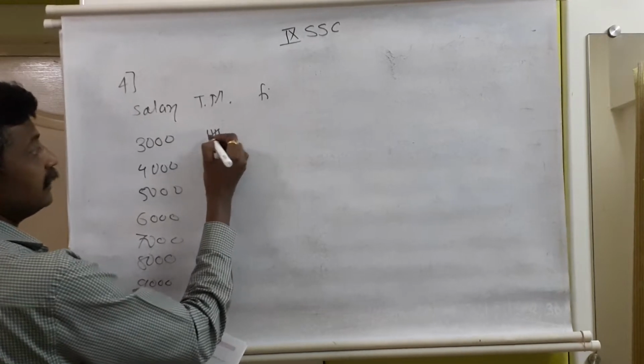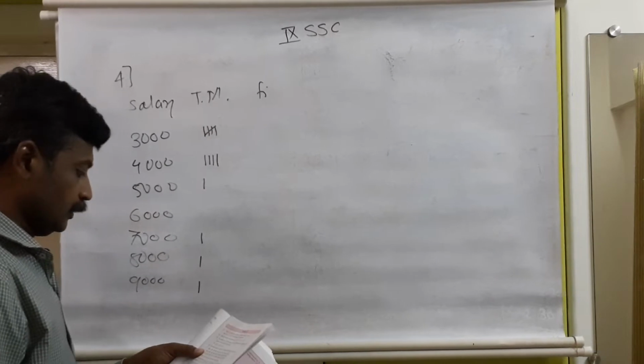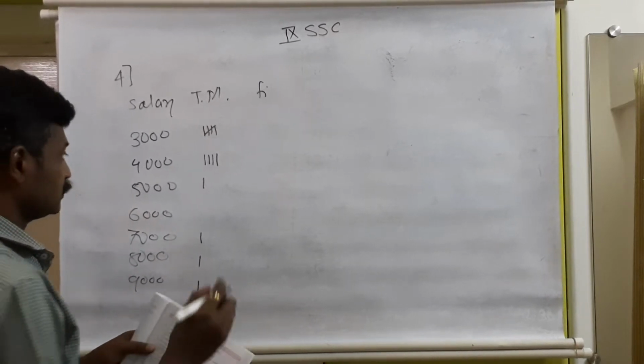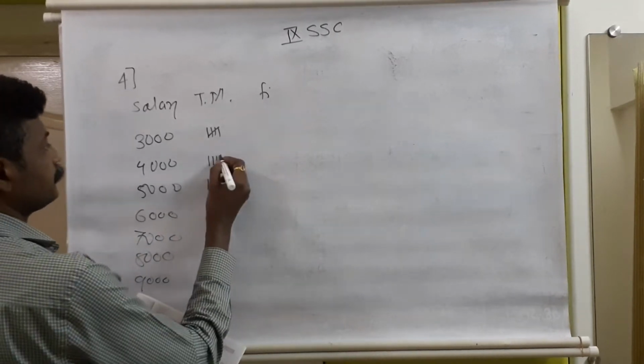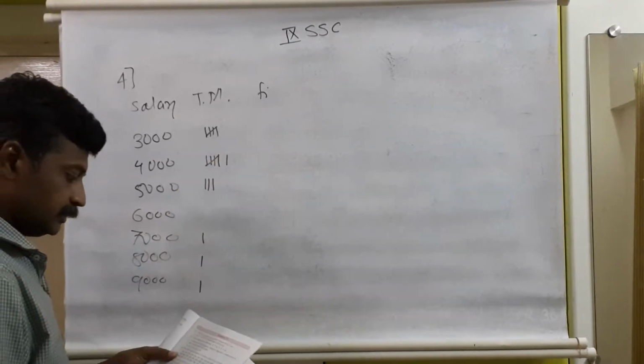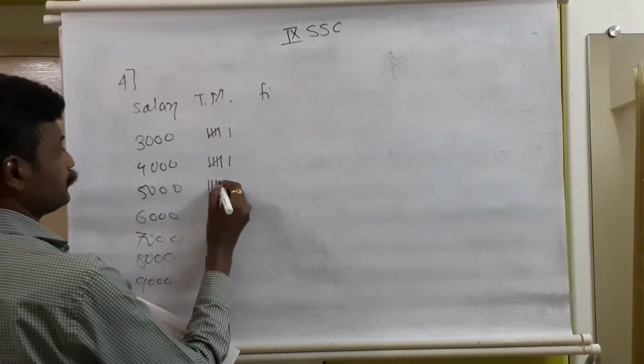Now 4 lines are there, the fifth can be the cross line, so this is a bunch of 5. Then 3000, 5000 twice, 4000 twice, 3000 once, 5000 twice.